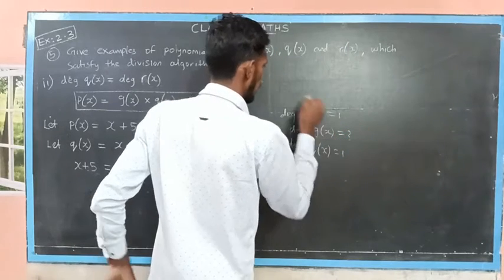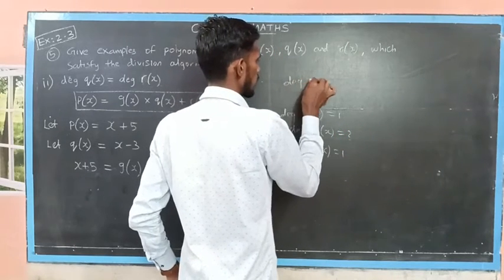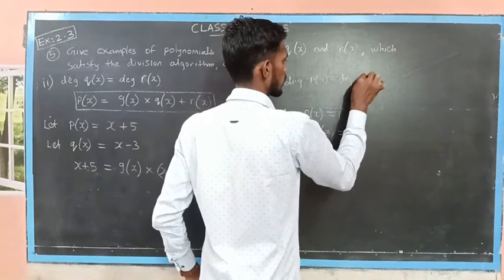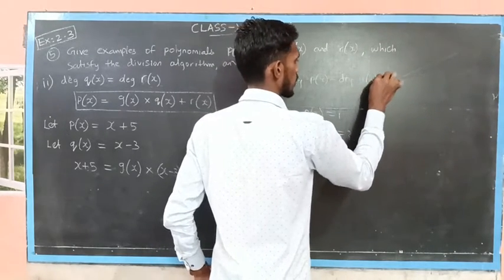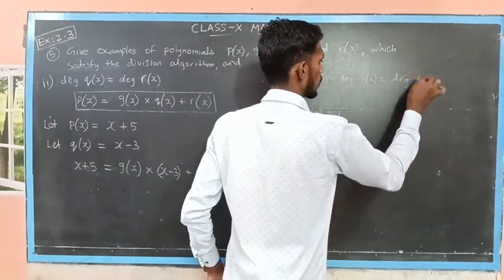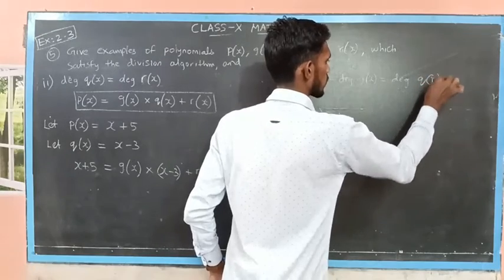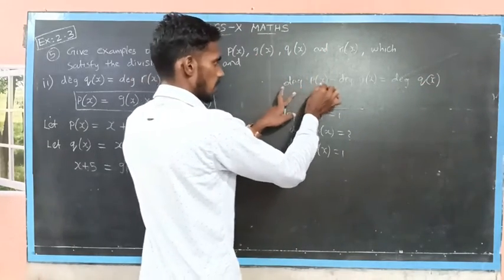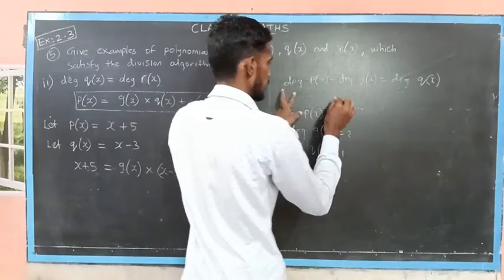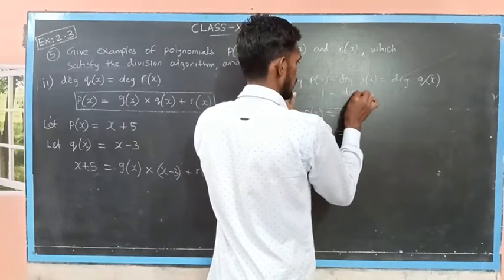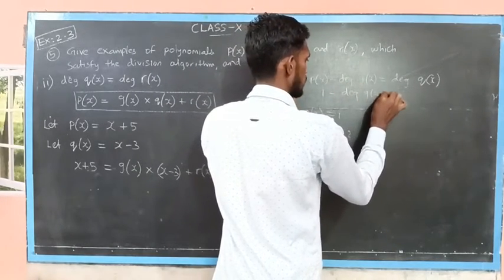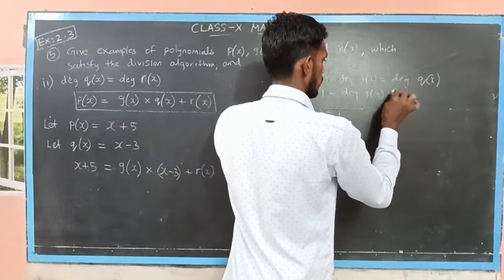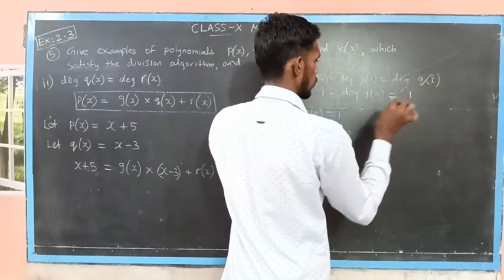We know the formula, degree of p of x minus degree of g of x gives the degree of q of x, right. Here we know the values of degrees of p of x and q of x. Substitute here: 1 minus degree of g of x is equal to degree of q of x, which is 1.